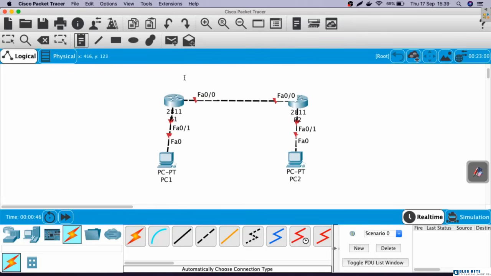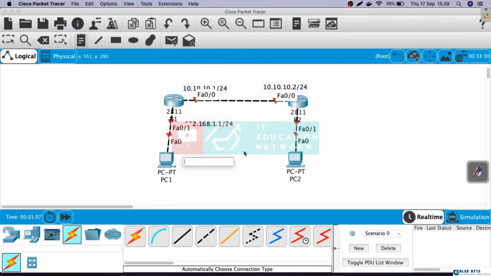For IP addressing, here router 1, the IP address is 10.10.10.1/24. Here 10.10.10.2/24. Router 1 that is connected to PC 1 is 192.168.1.1/24.